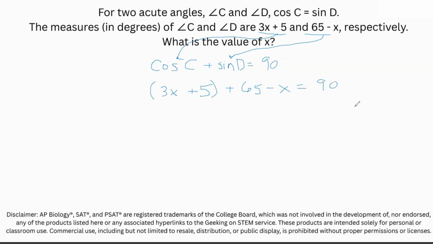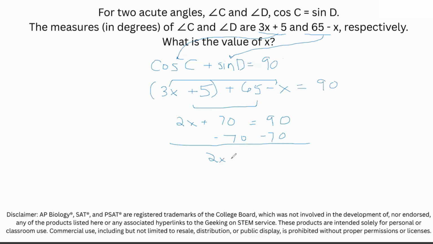Of course, we could plug this straight into Desmos and solve directly with that, or we can simplify this and say that this is 70, and these two are 2x. So we have 2x plus 70 equals 90. Bring the 70 over to the other side by subtracting. And then we get 2x equals 20. Divide both sides by 2 to let the variable sit by itself. And we get the value of 10. So essentially, the final answer is 10.